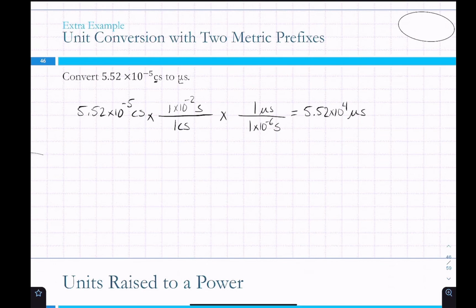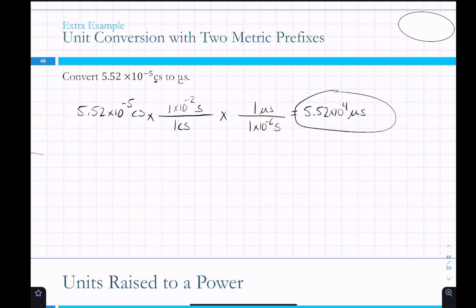And because we're doing all multiplication or division, and our unit conversions here are all from one metric prefix to another, then we keep the same number of significant figures as our initial number. And we can do an additional check here.